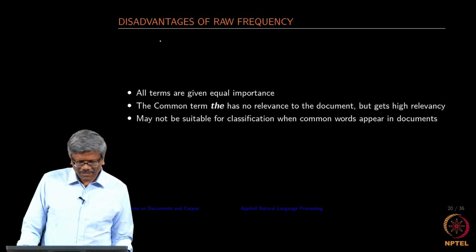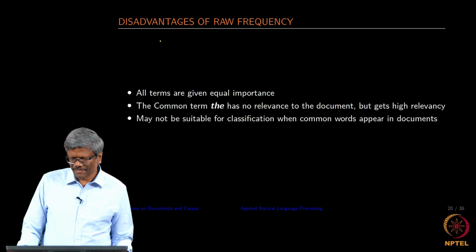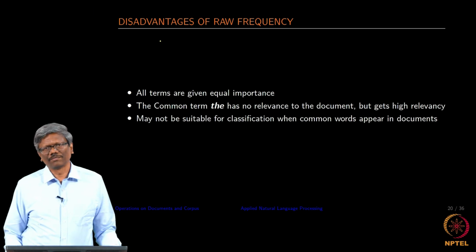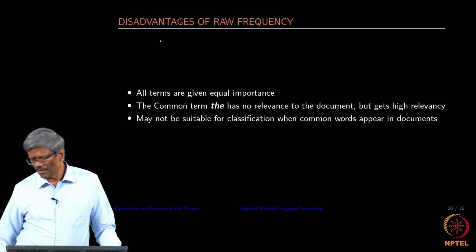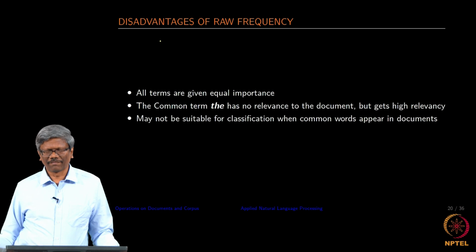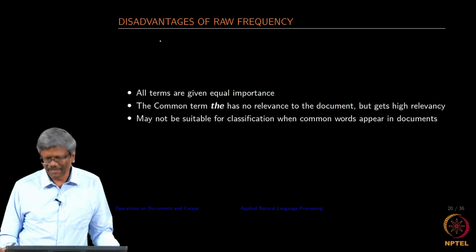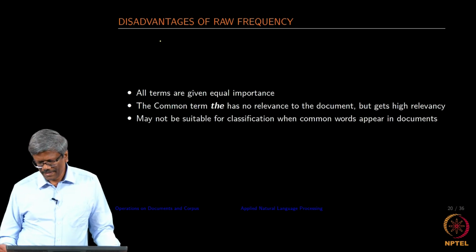So, it may not be suitable for classification when common words appear in the document. If the, of, and appear so many times, they are not going to really help us in classifying the document in a particular fashion.